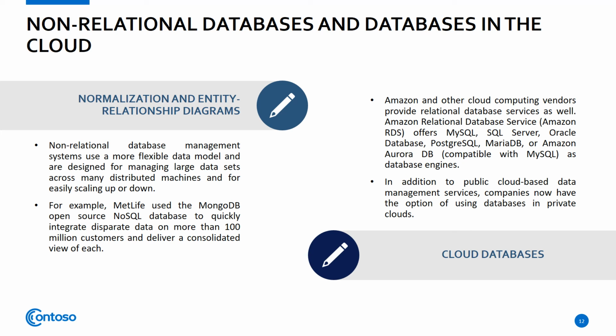Amazon Relational Database Service, Amazon RDS, offers MySQL, SQL Server, Oracle Database, PostgreSQL, MariaDB, or Amazon Aurora, which is compatible with MySQL, as database engines. In addition to public cloud-based data management services, companies now have the option of using a database in a private cloud.